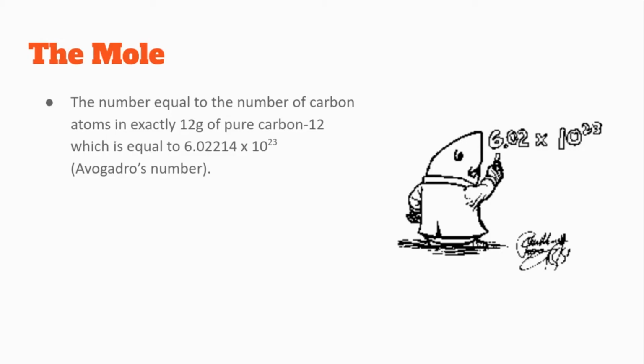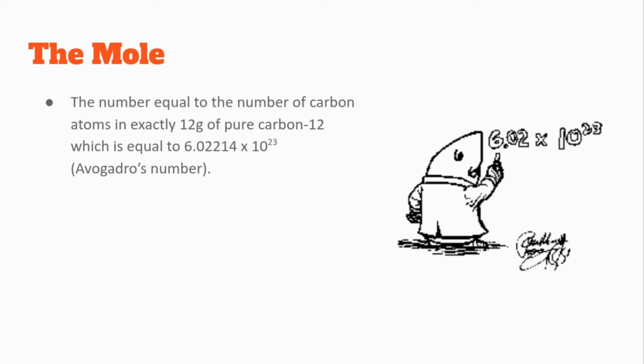Okay, so moles we learned about last year too, but moles are Avogadro's number, right? 6.022 times 10 to the 23rd. That comes from carbon, so we get Avogadro's number from the number of carbon atoms in exactly 12 grams of pure carbon-12. And that works out every time to be 6.022 times 10 to the 23rd.